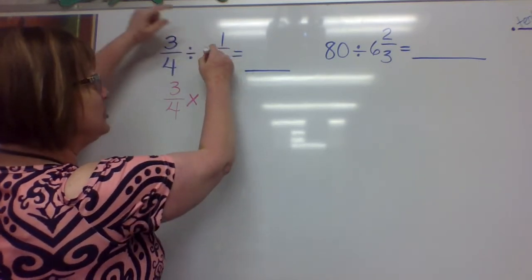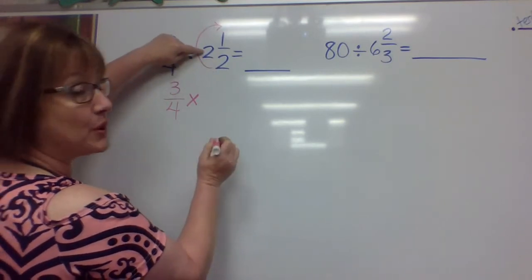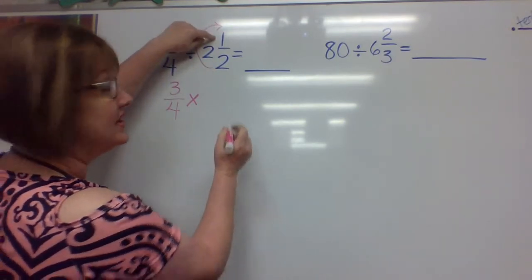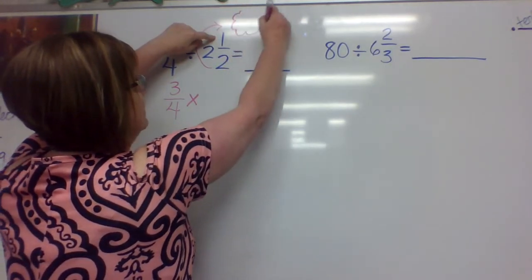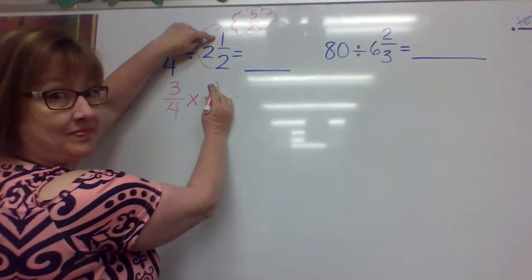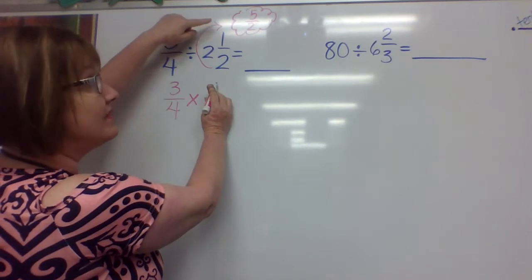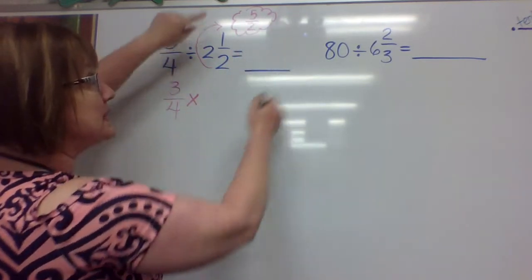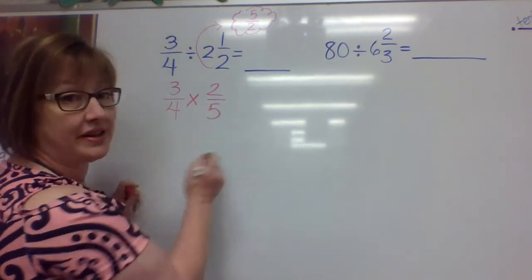If we do the backward C on this, 2 times 2 is 4 plus 1 is 5. So technically this should be 5/2, right? So we're really doing 3/4 divided by 5/2. So flip that upside down and we'll be multiplying it times 2/5.